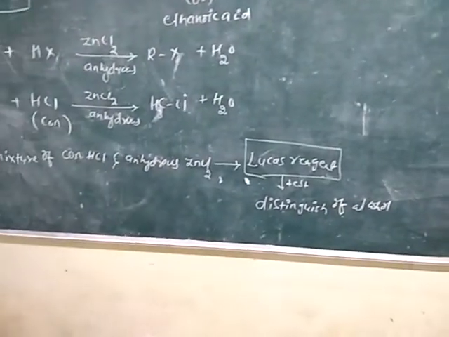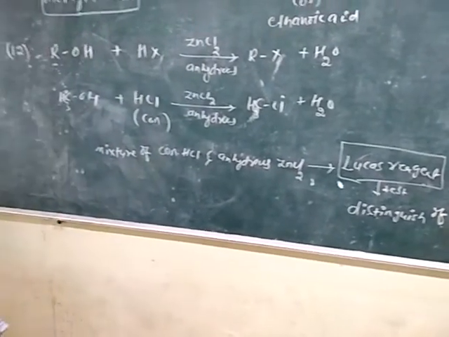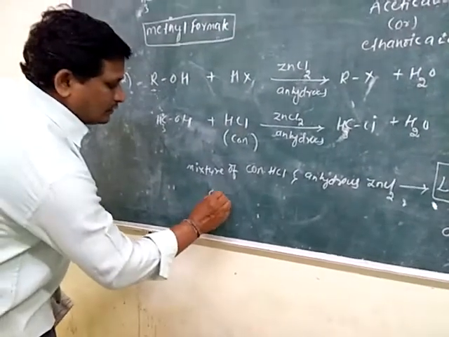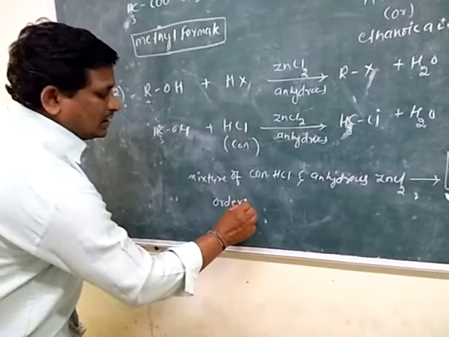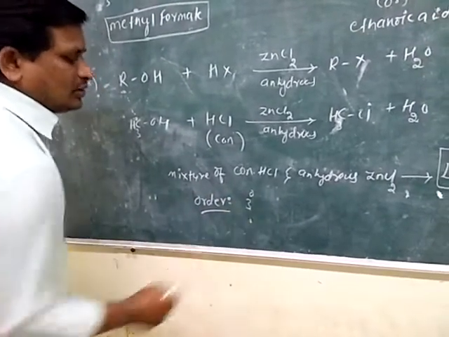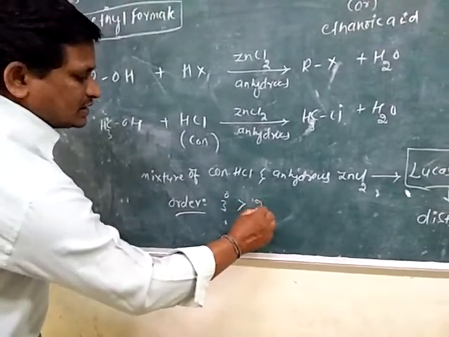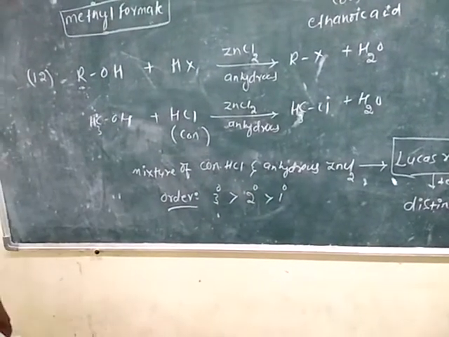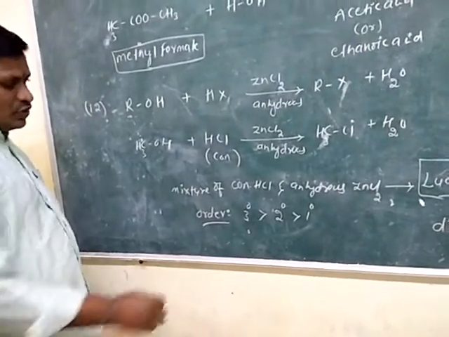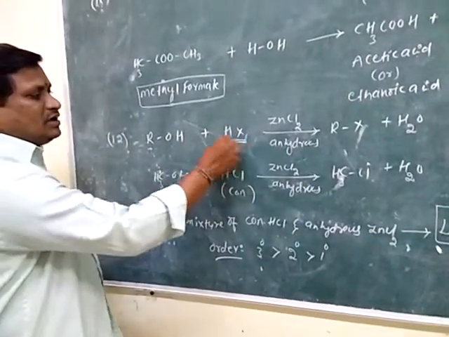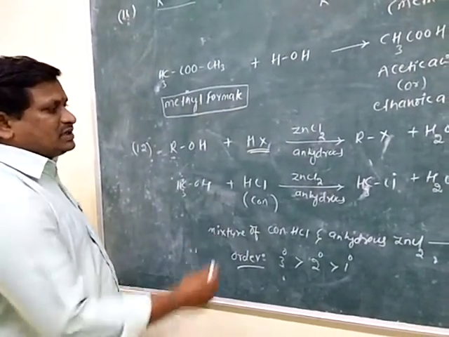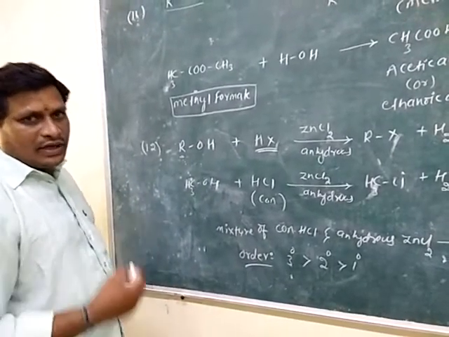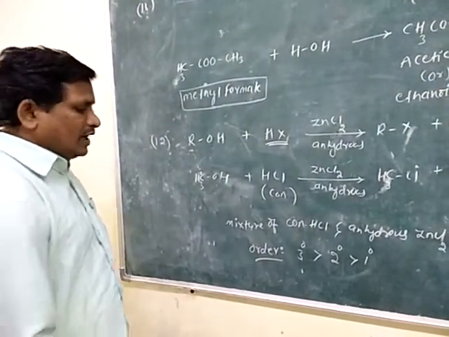Generally, the reactivity order of the alcohols is tertiary alcohols greater than secondary alcohols greater than primary alcohols. In this process, hydrogen halides are used: hydrogen fluoride, hydrogen bromide, hydrogen iodide.